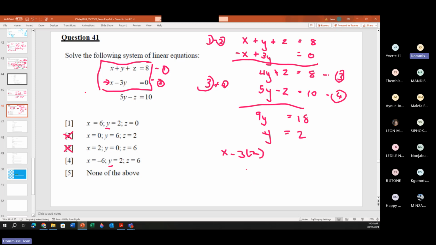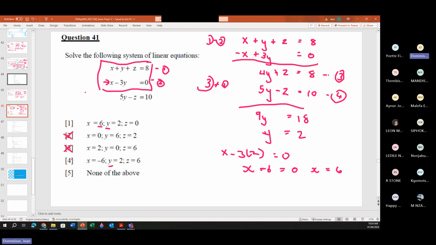So x minus 3 times 2 must be equal to 0. So x minus 6 will be equal to 0. So x is equal to 6.